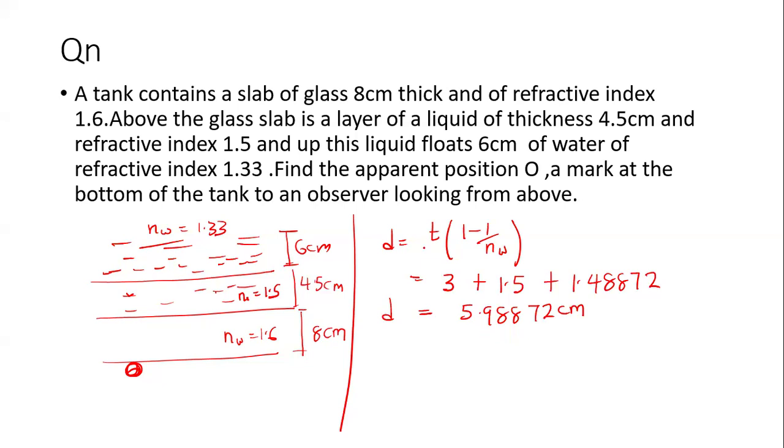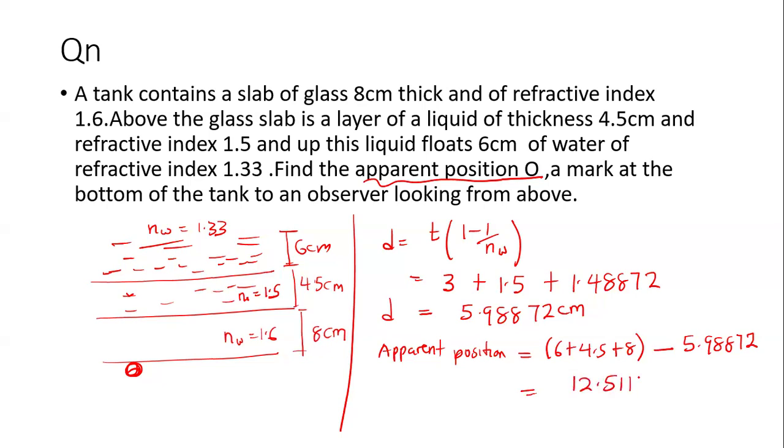But they said to find the apparent position. For the real depth, it's just the sum of the thicknesses of the individual layers, so the real depth is 6 plus 4.5 plus 8, minus 5.98872. The answer was 12.511 centimeters. Okay, thank you so much.